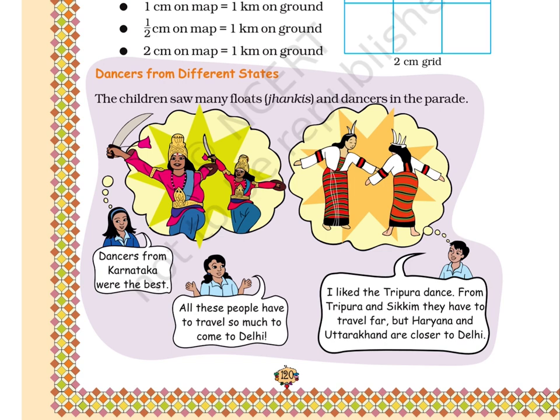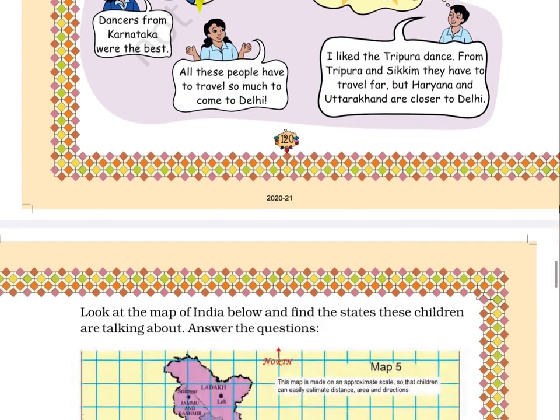From Tripura and Sikkim they have to travel far, but Haryana and Uttarakhand are closer to Delhi, and he is remembering the Tripura dances. Another girl is observing and telling us, all these people have to travel so much to come to Delhi. Page 121.